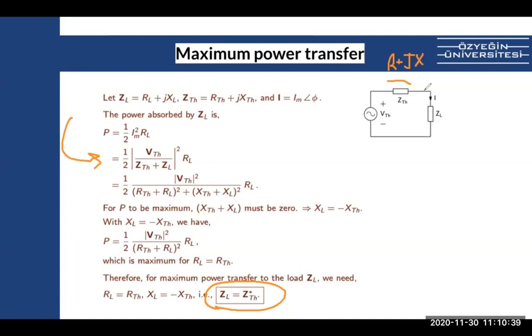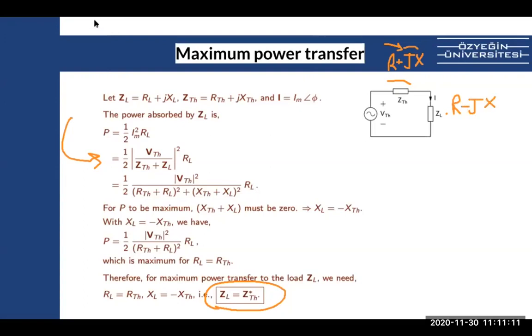So for maximum power transfer, this one should be the conjugate of this. ZL should be the conjugate of ZTH. And conjugate means you take the imaginary part and make it negative. So here you just put 180 degrees on the imaginary part. So now the conjugate of this is R minus jX.